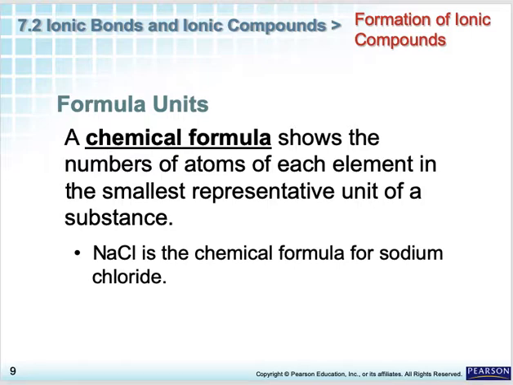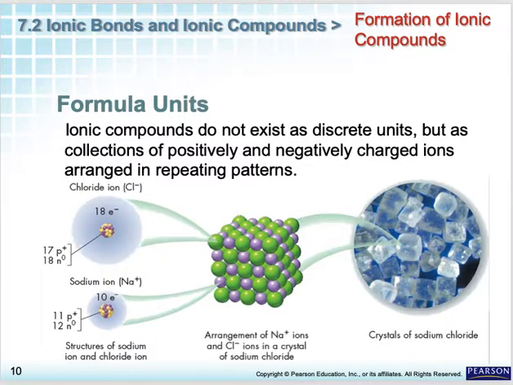Chemical formulas show the numbers of each atom type that are involved in that compound. Sodium chloride is 1-to-1, but aluminum bromide is 1 aluminum to 3 bromine atoms, and so we use subscripts for those. Here is the arrangement of sodium chloride, and because it's a regular array that forms a cube, if you look at salt under a microscope, it actually looks like a little cube.